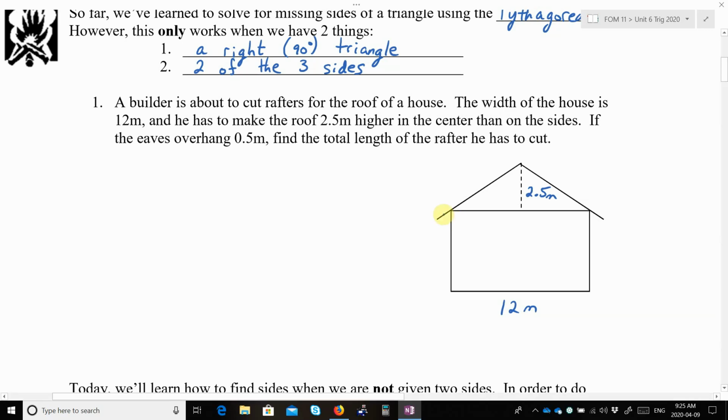Okay. So the eave overhang is right here. This is 0.5 meters. And of course, the whole rafter, this is the rafter here. This whole thing up to the top of the roof.